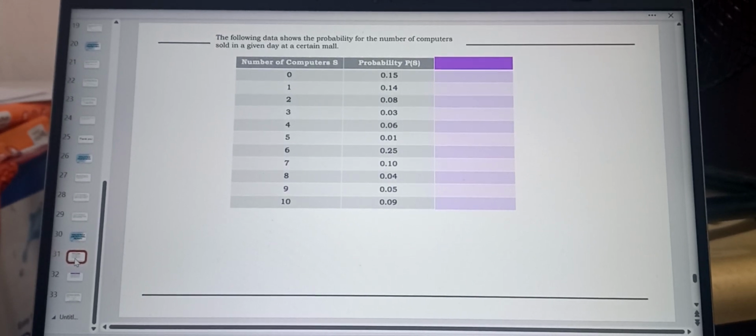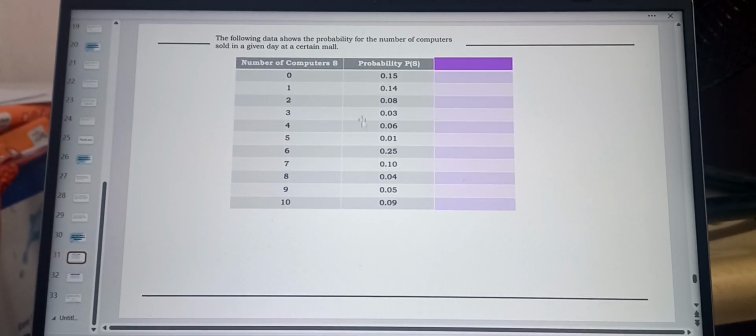So, let us use the example, or the table, that we used yesterday when we computed probabilities. So, this is still the same. The following data shows the probability for the number of computers sold in a given day at a certain mall. We have the first column, number of computers, which represents S, so 0 to 10 computers and its corresponding probability.